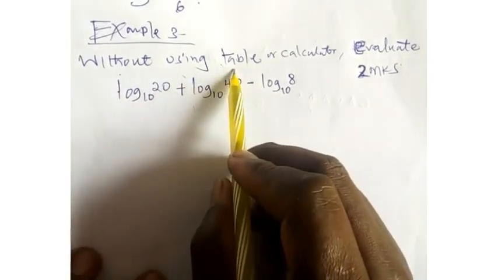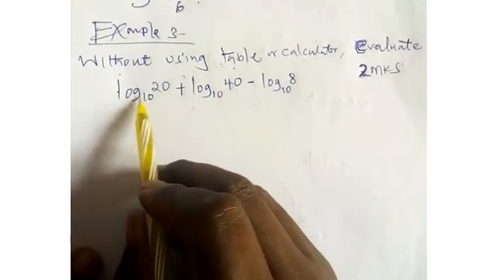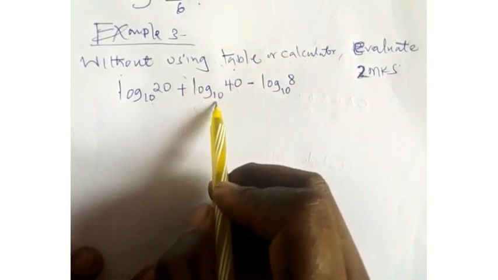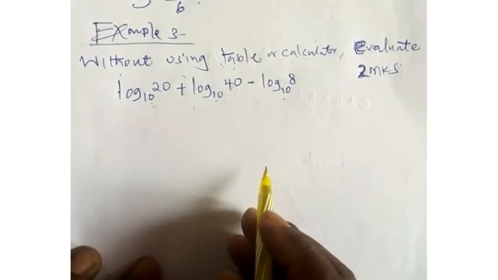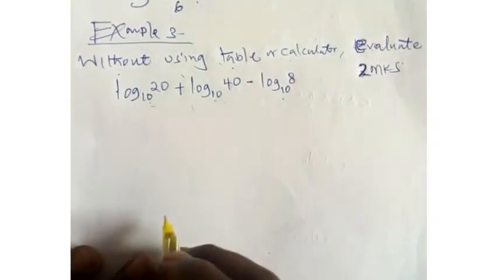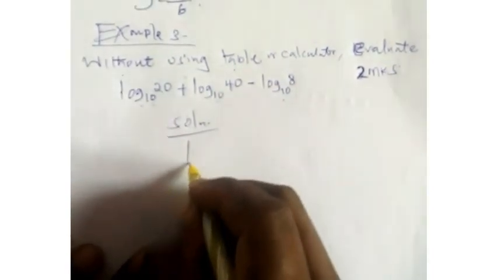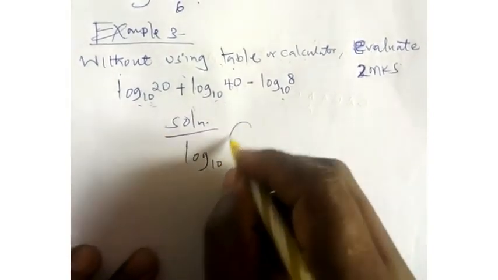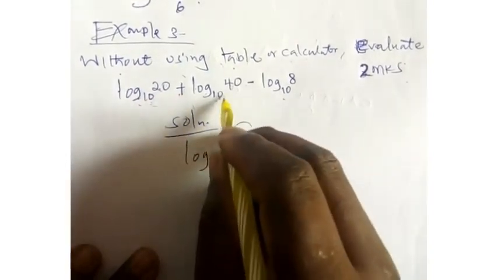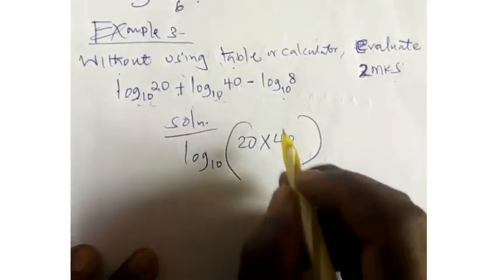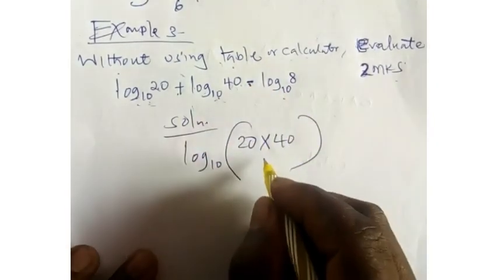Without using a table or calculator, example 3: evaluate log 20 to base 10 plus log 40 base 10 minus log 8 base 10. You can see the log is the same. So when the log is the same, that is very easy. Because the log is the same, we can say log to base 10 of 20, and it is addition, it means multiplication, 40. This is minus, remember, means division, so divided by 8.